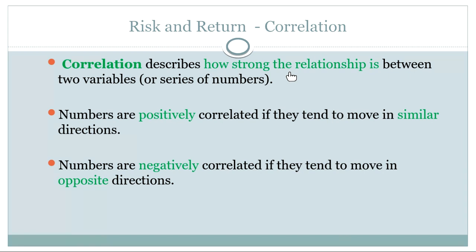And if something changes in the environment and the other one is not affected, then I can say that those 2 variables are not correlated at all. So numbers are positively correlated if they move in a similar direction to any changes, and they are negatively correlated if they tend to move in equal but opposite directions.